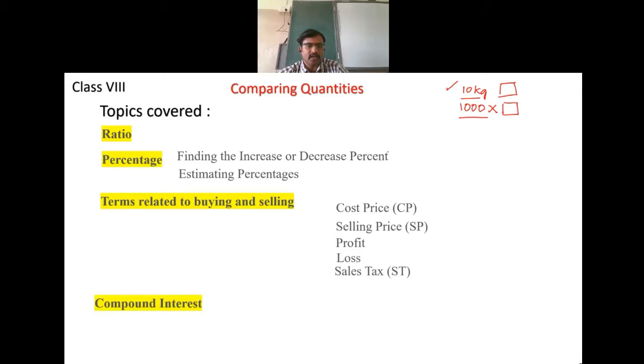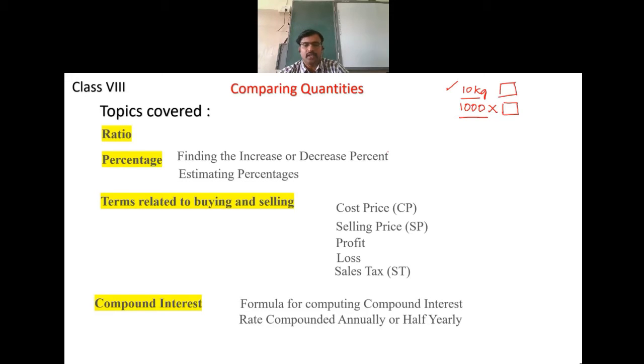Then we have compound interest. In this, we have a formula to compute compound interest. We will calculate compound interest when it is compounded annually or half yearly. Then we have applications of compound interest. This is the outline of this chapter.